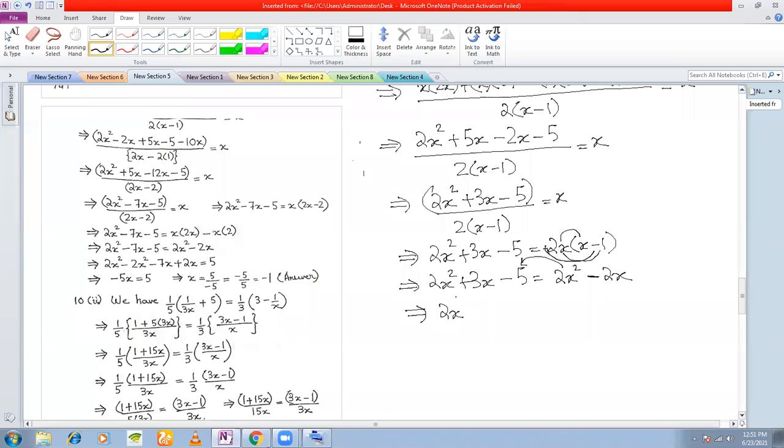So 2x² you're taking on this side, so it becomes −2x². From −2x, it becomes +2x, plus 3x will remain as it is, −5 is equal to 0. So this +2x² and −2x² will cancel each other, and you have 5x − 5 is equal to 0. Now we need to take 5 to this side. So you can write this as 5x = 5. That means x must be equal to 5 by 5, which is equal to 1. And that is your solution.